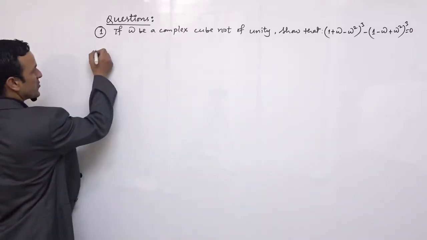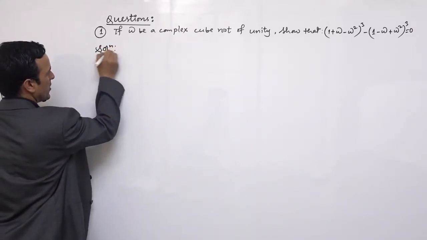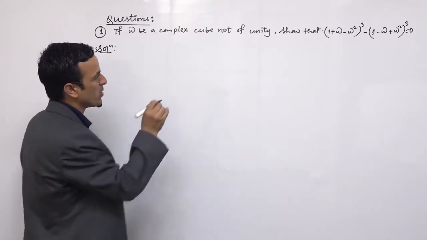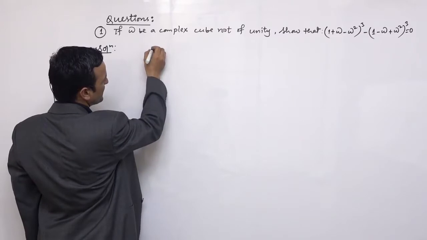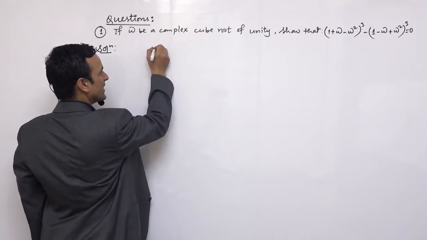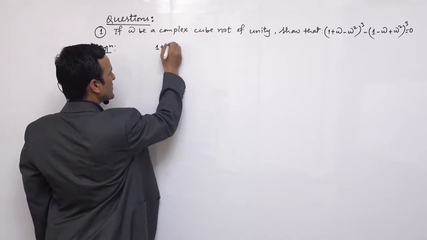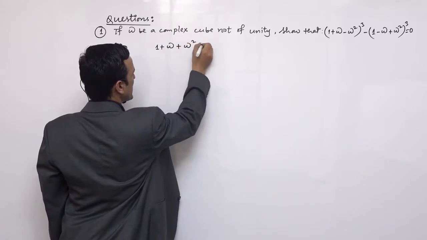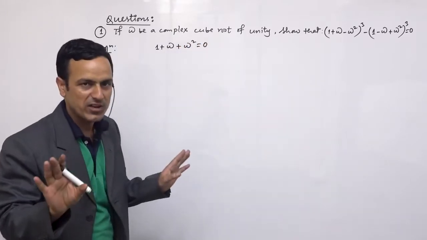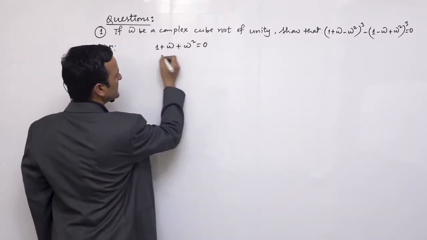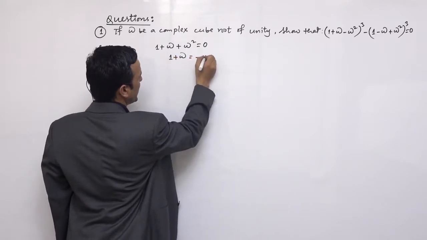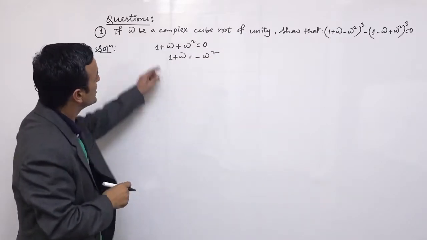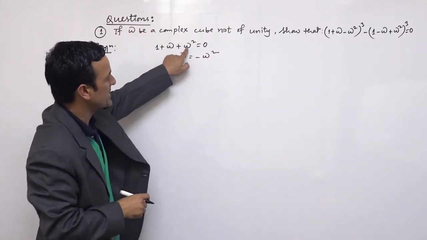So for the solution of this question, first of all we should know about one of the relations. So if we have the relation 1 plus omega plus omega square is equal to 0, this is the formula. And when you find from here 1 plus omega means what? Minus omega square. 1 plus omega means minus omega square.